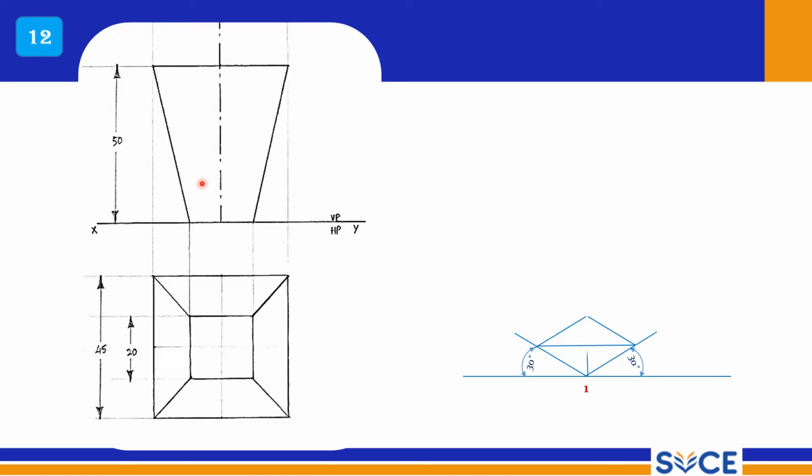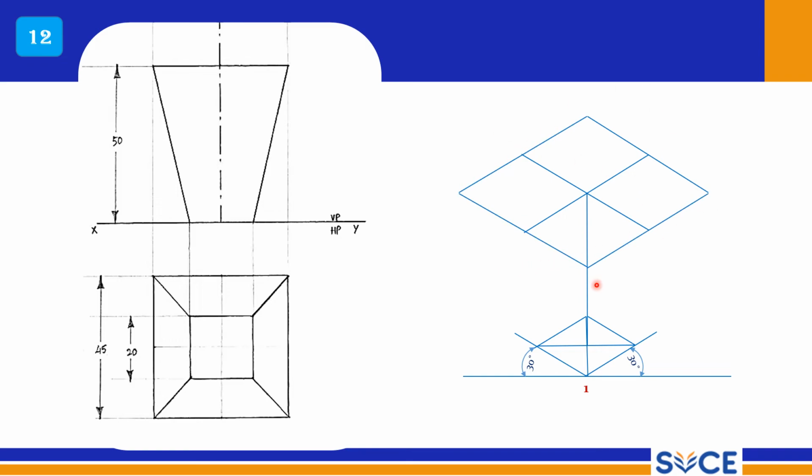So draw the small square, and from the center you measure the distance 50 mm and draw this box, right? With reference to this, you draw these two lines. It is obviously a square, and then complete the parallel lines, and you can get the top square.